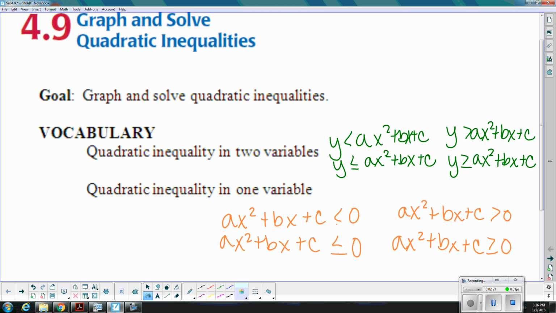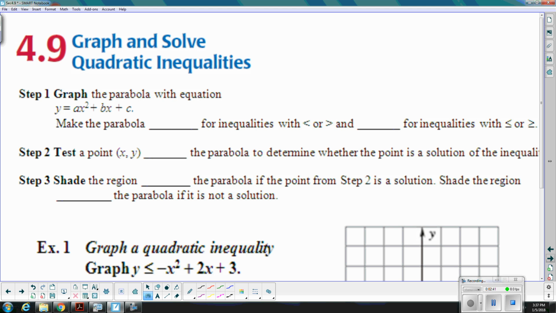So there are inequalities, and with two variables you have an x and a y. And with one variable, you just have an x, and the y is set to 0. So that's where you would solve for the zeros, or find the zeros, in an inequality with one variable.